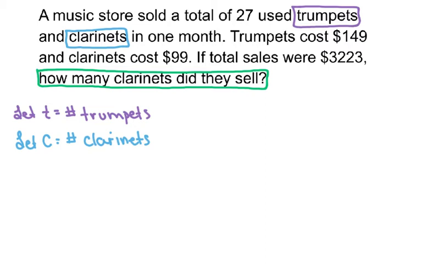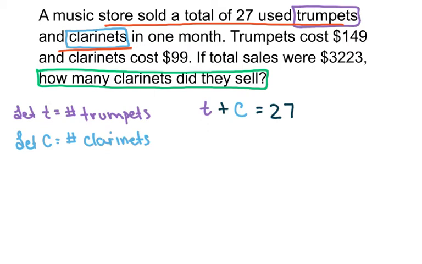Now, typically each sentence sets up one equation. So sold 27 trumpets and clarinets. So that means if I were to add the number of trumpets and the number of clarinets, I would get 27. So there's our first equation. The number of trumpets plus the number of clarinets.